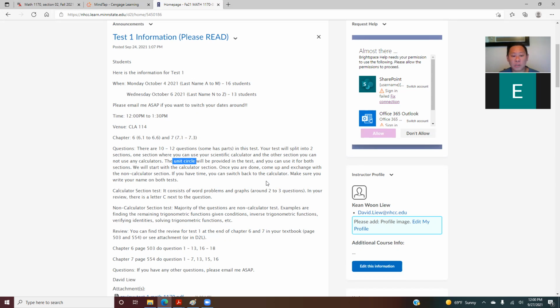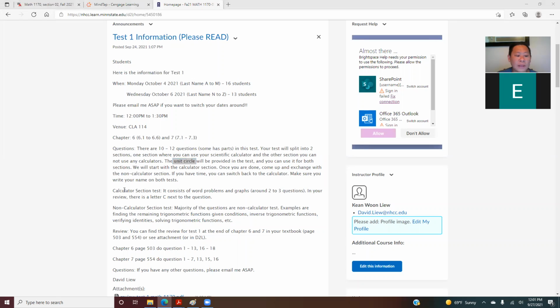The tests will be color coded. When you switch back, make sure you take out or put away your calculator. And make sure you write your name on both of your tests. There are 2 tests, 2 parts. Does anyone have any questions about this information?